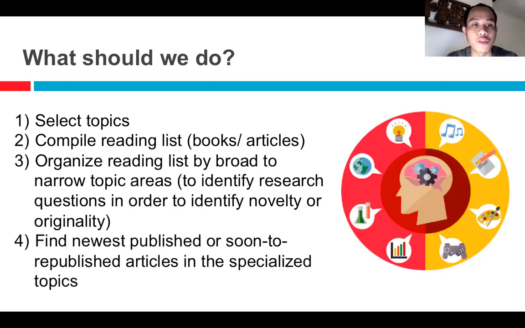And then find the newest published or soon-to-be-published articles on specialized topics. If you are searching online, then you know what you are going to conduct related to the topic that you like or are comfortable with for your research. Collecting the newest publications may also help you.